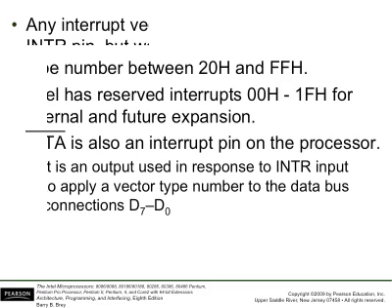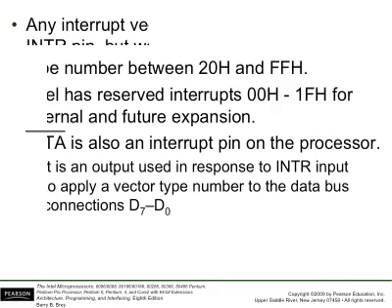Recall that we have a 256 entry interrupt vector table. Right? We have those 1024 bytes, and each vector takes 4 bytes. That's why we have 256 vectors in the table. In other words, we can have up to 256 different types of interrupts.